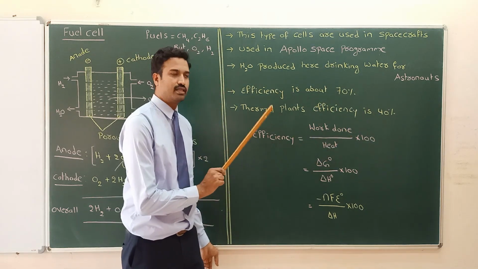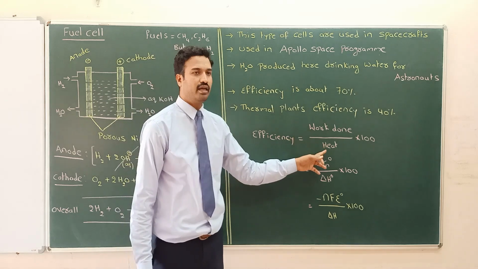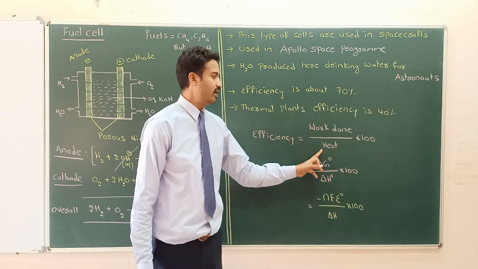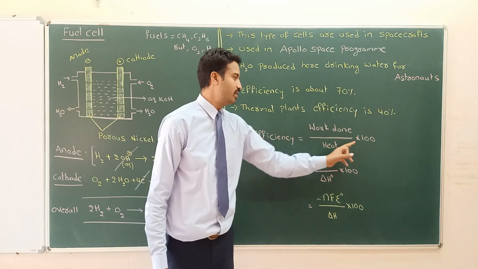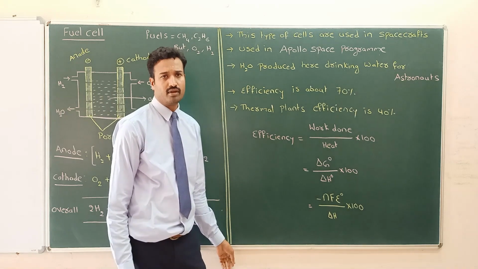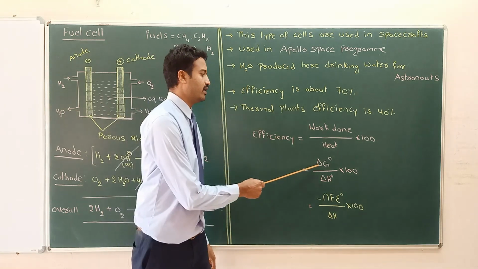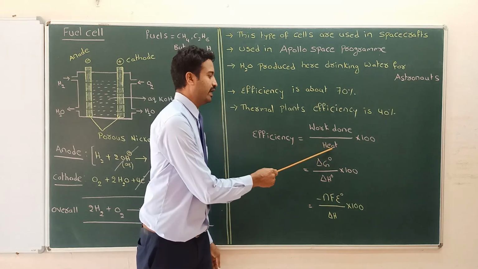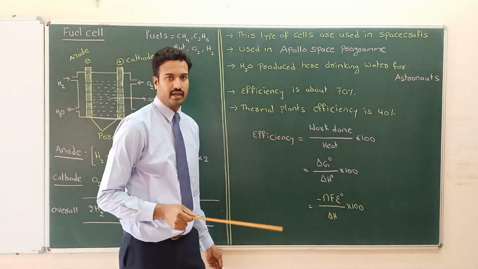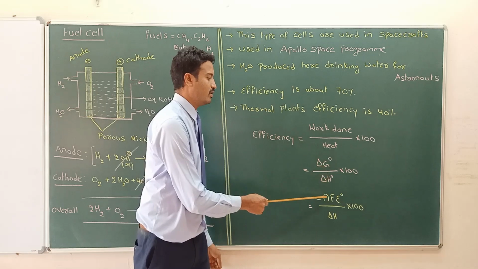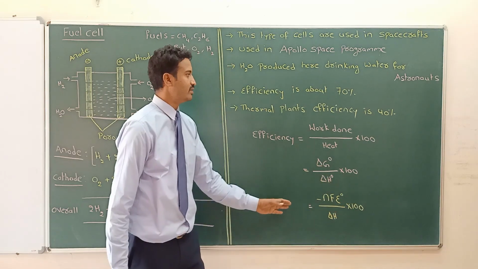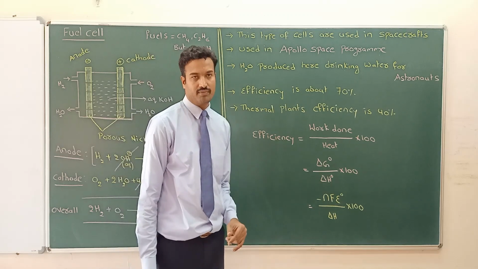We know the formula: efficiency is equal to work done by heat absorbed or released, into 100. Here work done is delta G naught for a spontaneous redox reaction, divided by heat delta H naught, into 100. We already studied in the electrochemical cell that delta G is equal to minus nFE. So efficiency is delta G by delta H into 100. This is the calculation of efficiency.